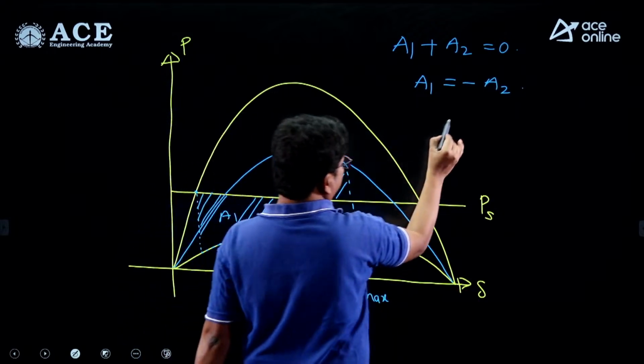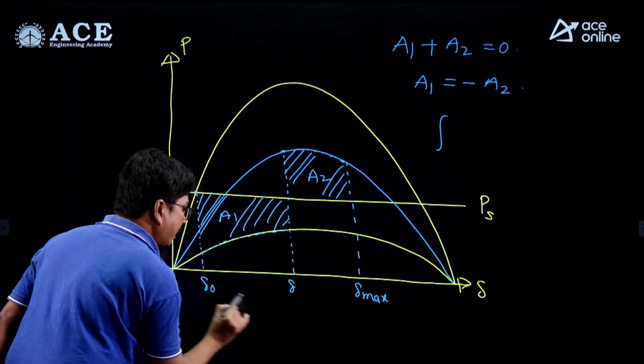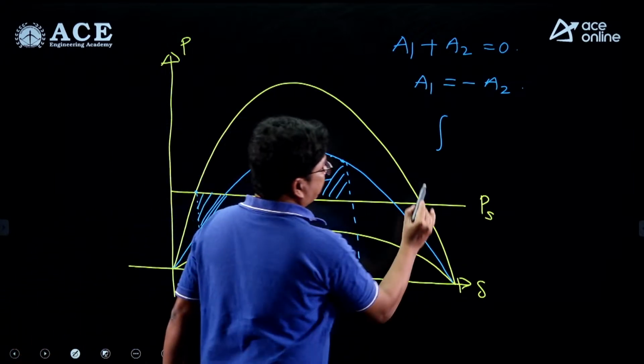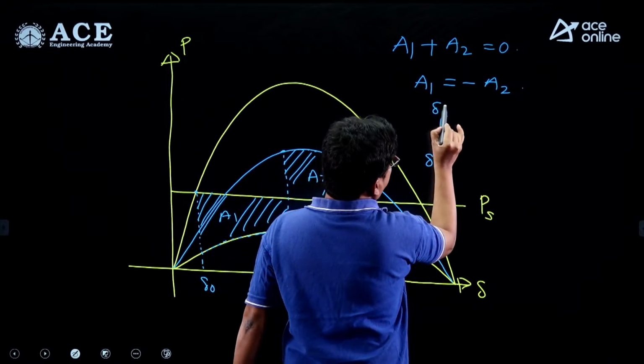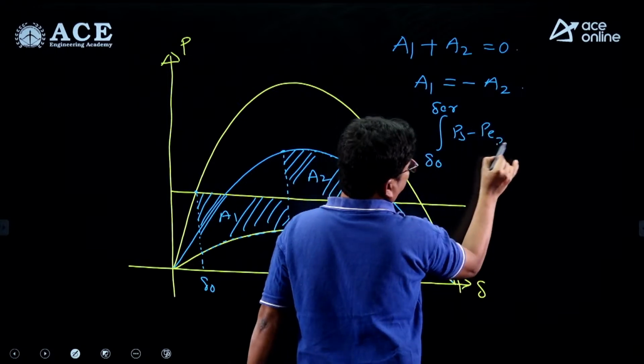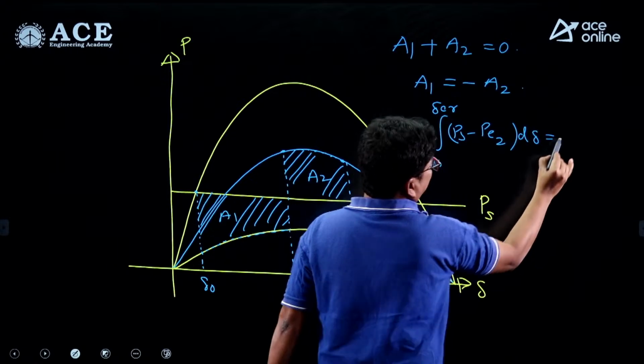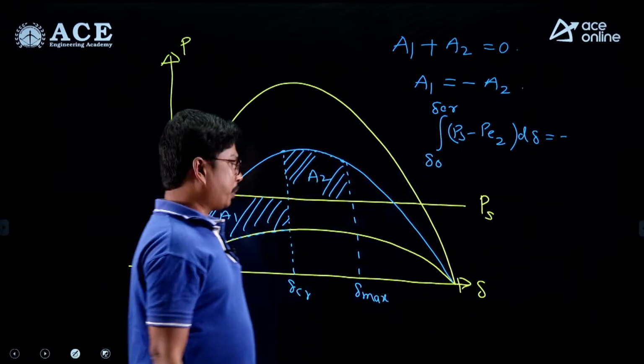Area A1 is the integration from delta naught to delta CR of Ps minus Pe2 sin delta d delta, which is equivalent to minus area A2. What is area A2, students?